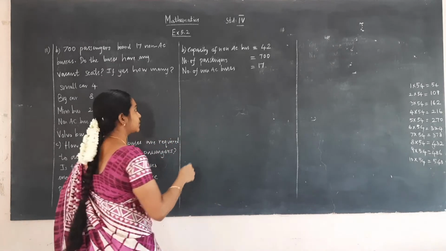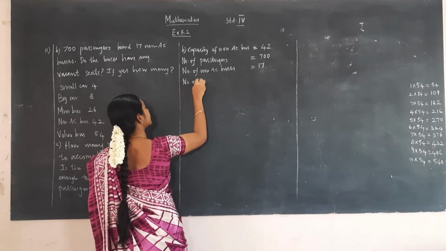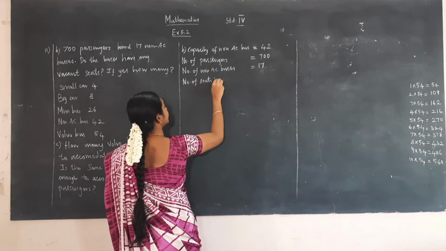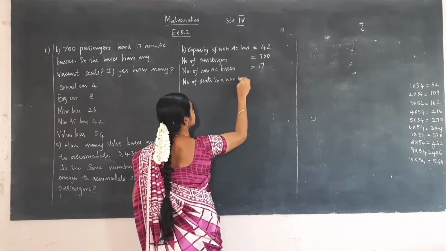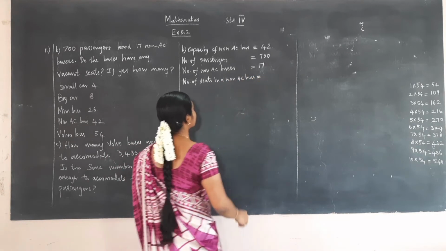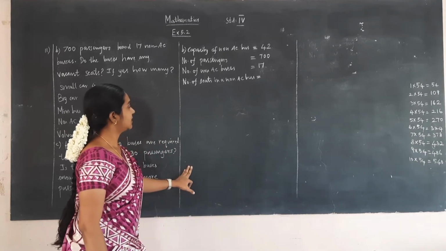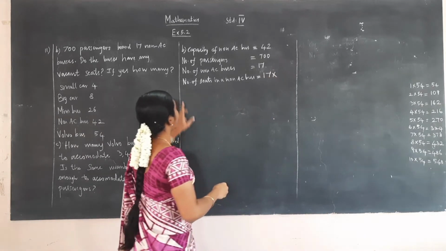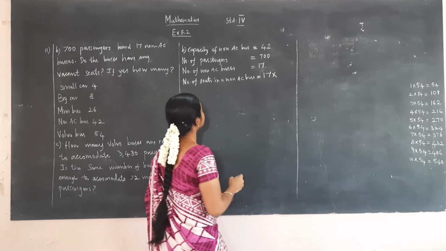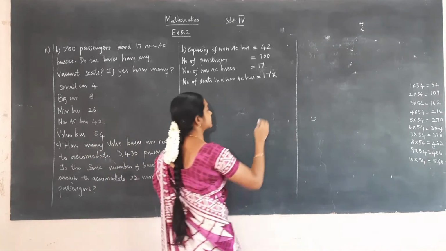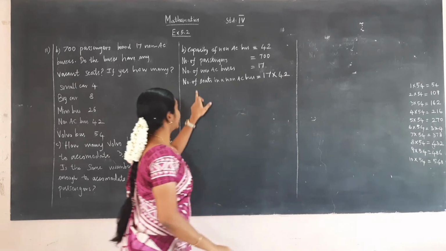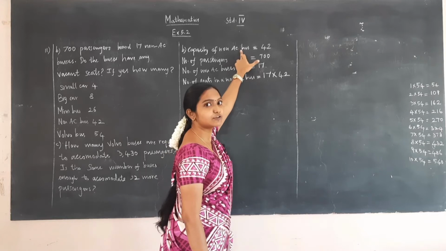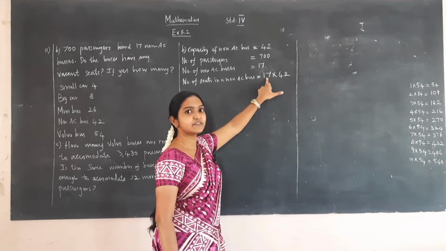So we have to find the number of seats in the non-AC buses. To find the number of seats, we have to multiply the number of buses and the capacity of a non-AC bus. So we have to multiply 17 and 42.